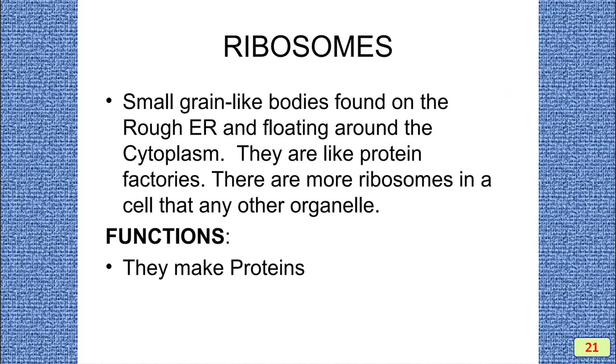And ribosomes are grain-like bodies found on the surface of rough endoplasmic reticulum and floating around in the cytoplasm. They are like protein factories, and there are more ribosomes in the cell than any other organelle. So they are adhering to the rough endoplasmic reticulum, and they are an important source of protein making.